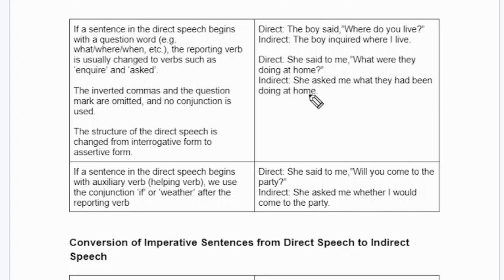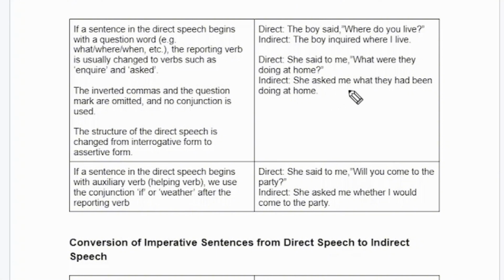So what is the change? She asked me what. So you see that the W letter is small in this sentence, and we omitted the inverted commas.